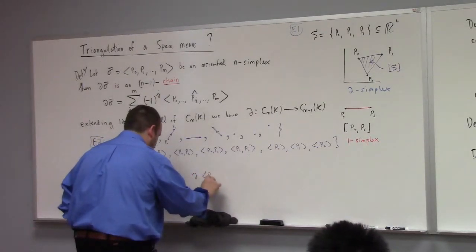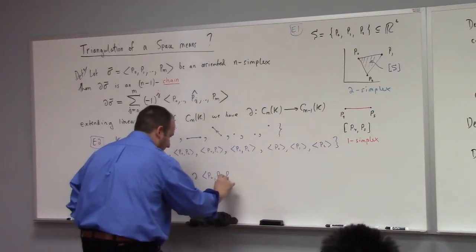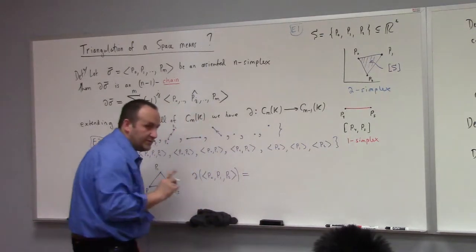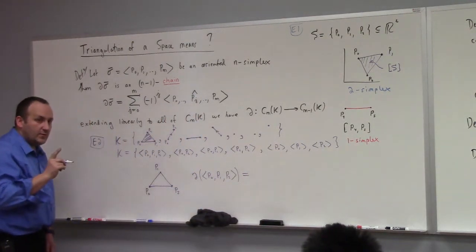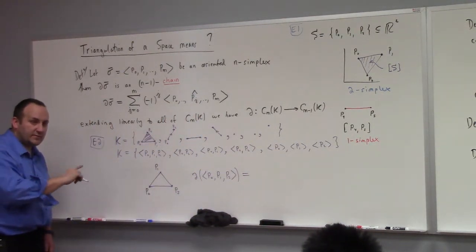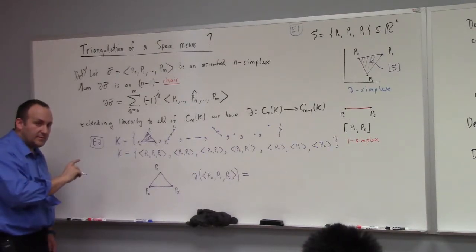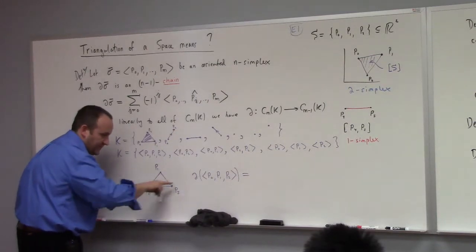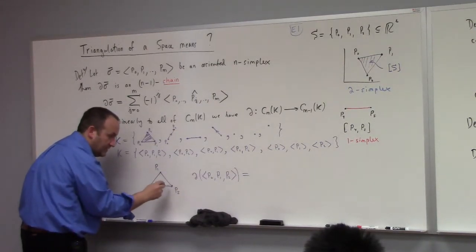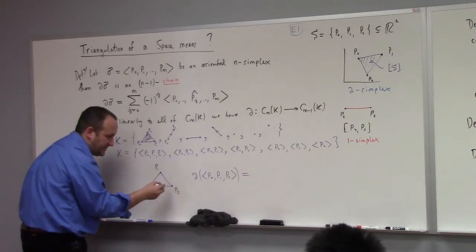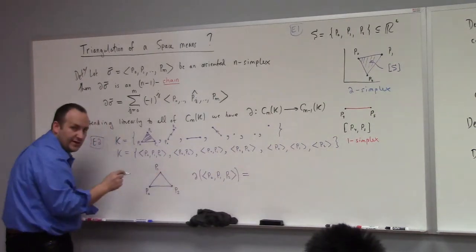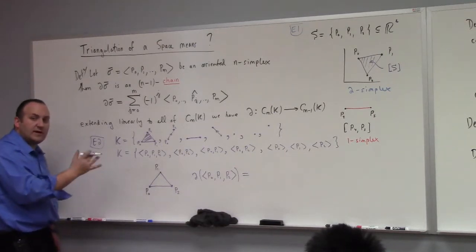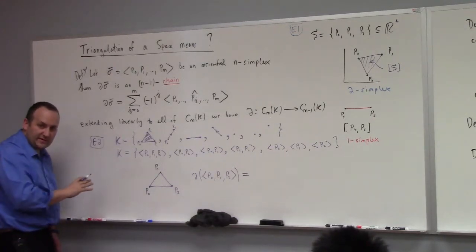So if we look at the boundary of P0, P1, P2, what you're going to find is that this definition reproduces the standard orientation for the boundary that we talk about in Calculus 3. Well, I don't know. I'm actually not sure if that's the case or not. I'm not sure that we've actually oriented this to have the counterclockwise or the clockwise sense of orientation.